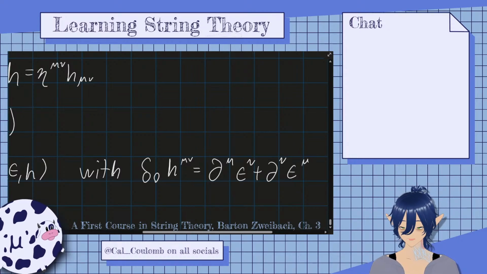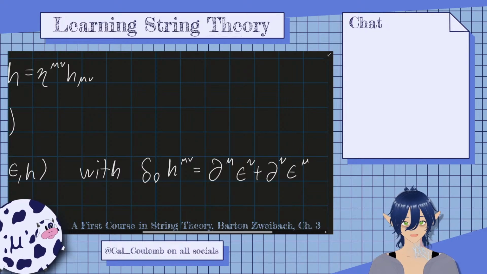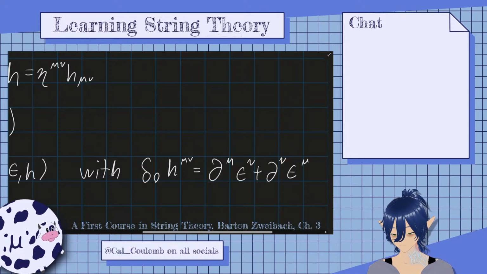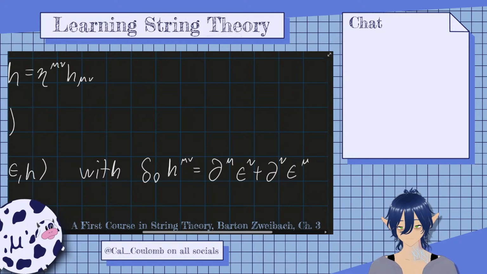As indicated above, the infinitesimal change delta h mu nu is given by delta 0 h mu nu plus corrections, written as epsilon dot order h, that are linear in epsilon and linear in the fluctuation h itself.